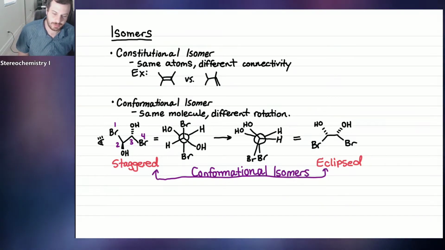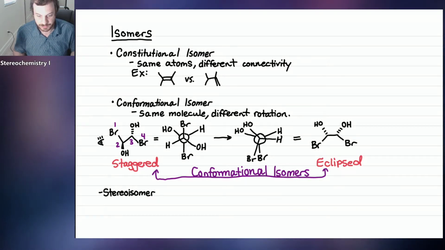Sweet. Okay. Now that I've mentioned these two types of isomers, I want to mention a new type of isomer, and that is the stereoisomer. A stereoisomer is when you have the same atoms with the same connectivity.